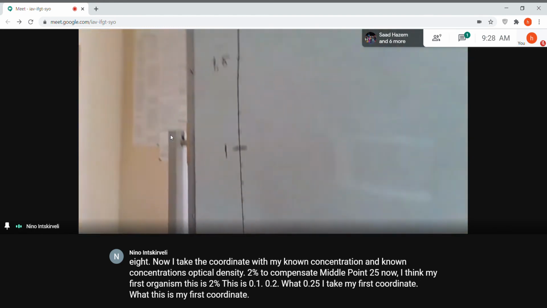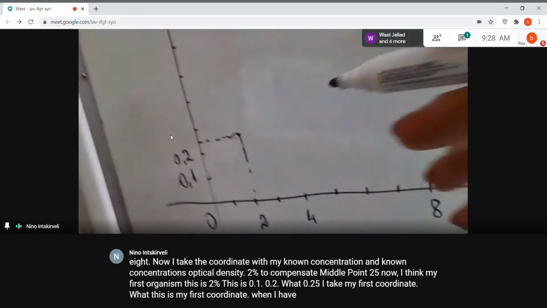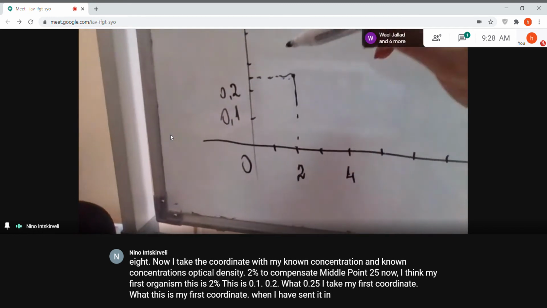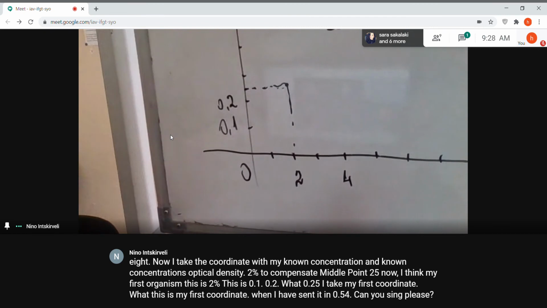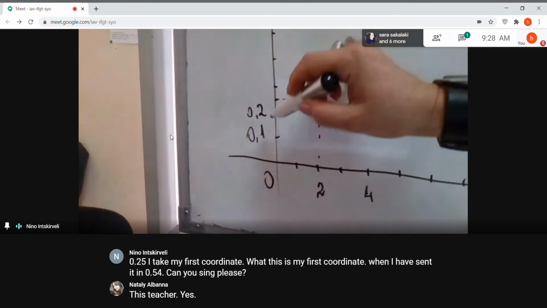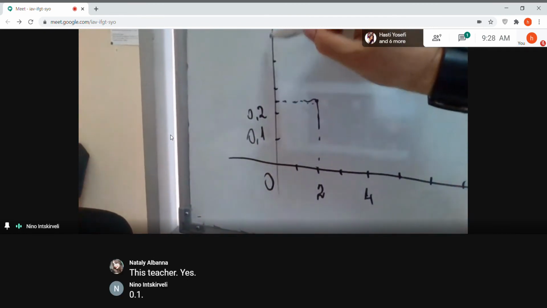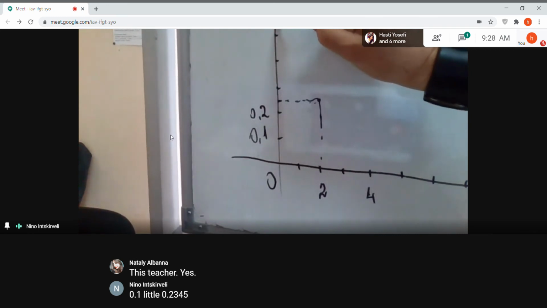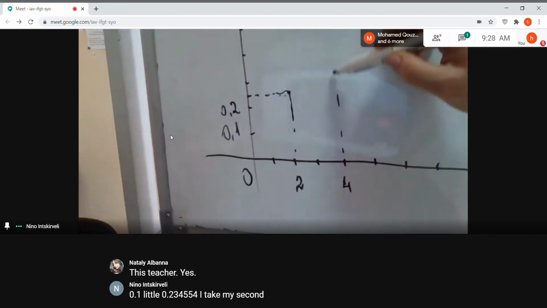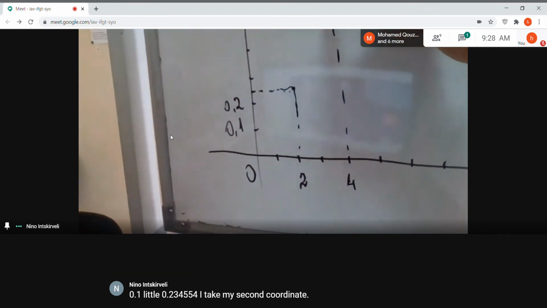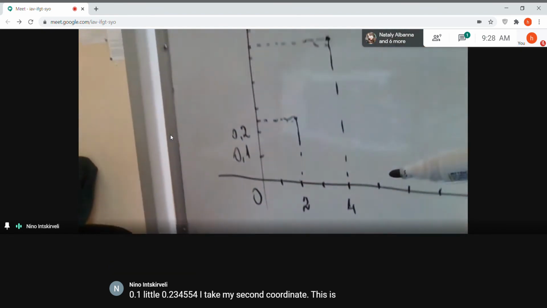When I have 4%, it is 0.54. Can you see, please? Yes, teacher. I take my second coordinate. This is my second coordinate.